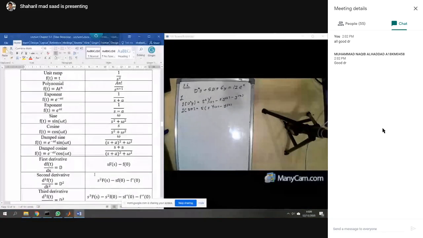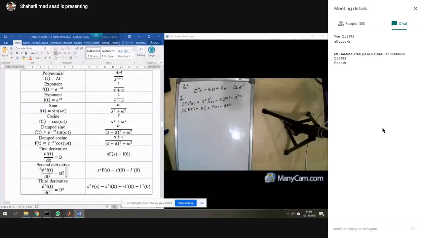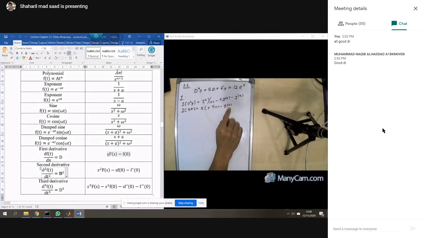Okay. This is the second derivative, right? When you Laplace it, you will get this one: s squared Y(s) minus s y(0) minus y'(0), so y(0) here, and when you Laplace the first derivative you get y(0) here, okay?